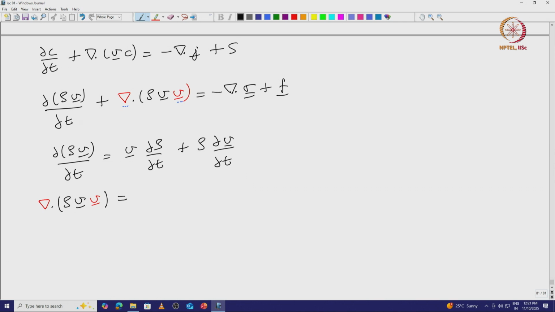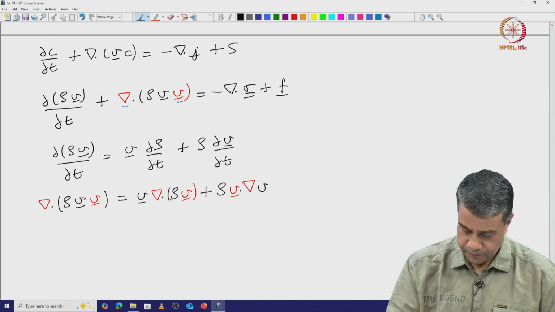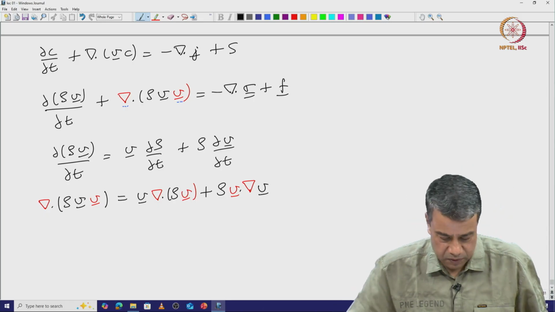I had written this for you as the vector divergence of ρv, by differentiation using the chain rule.